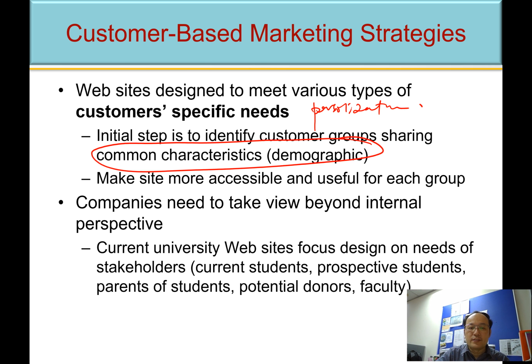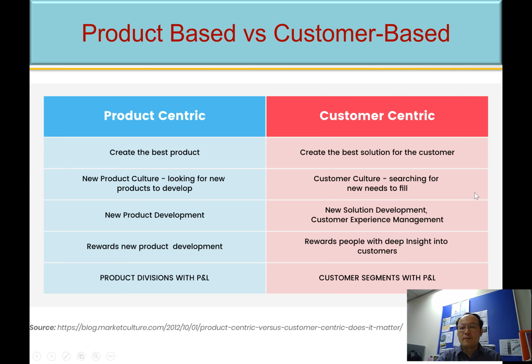So make recommendations. For example, a university is the same. A university builds a website suited to different stakeholders. It could be students, it could be parents of the students as well, and also donors from society and communities.